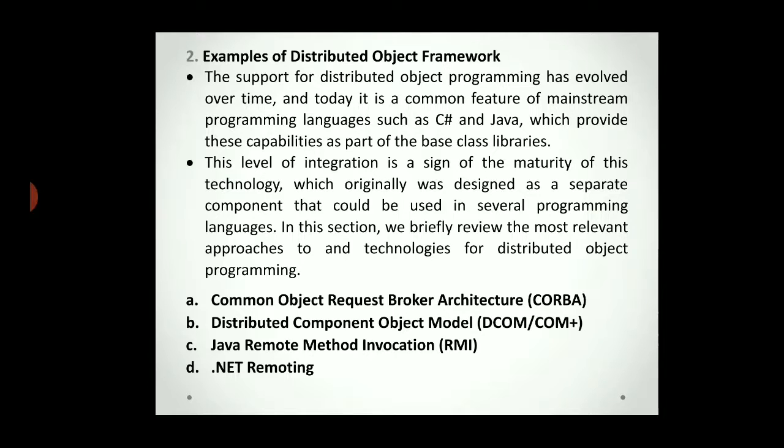The last one is .NET Remoting. Remoting is a technology allowing IPC among .NET applications. It provides developers with a uniform platform for accessing remote objects from within any application developed in any of the languages supported by .NET.